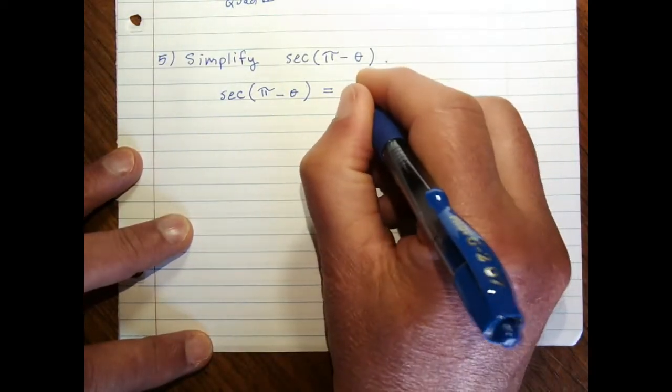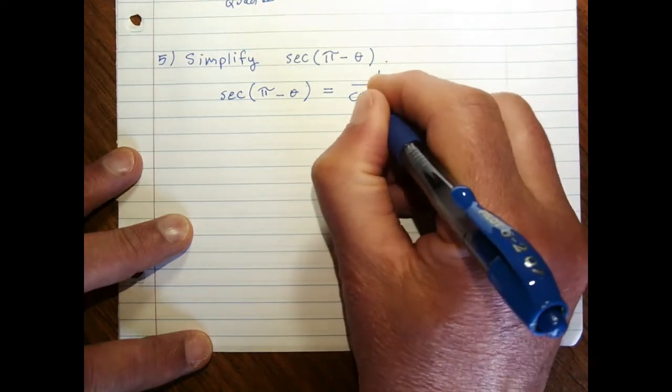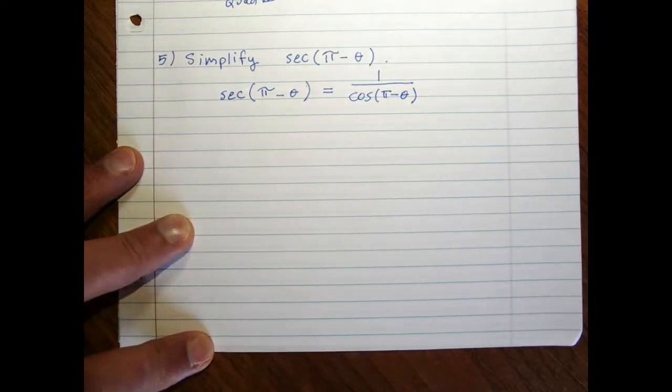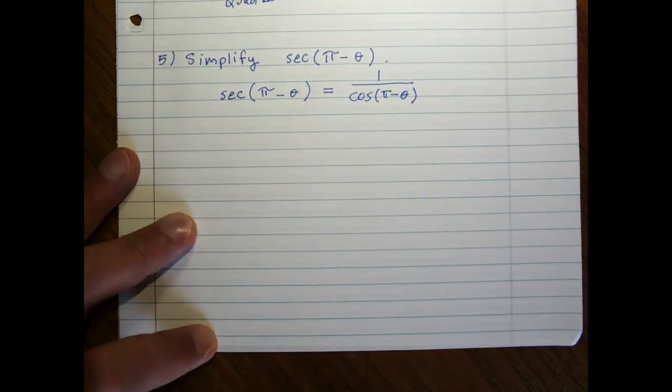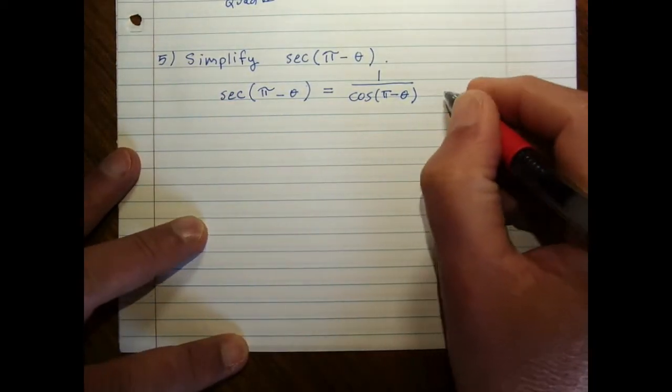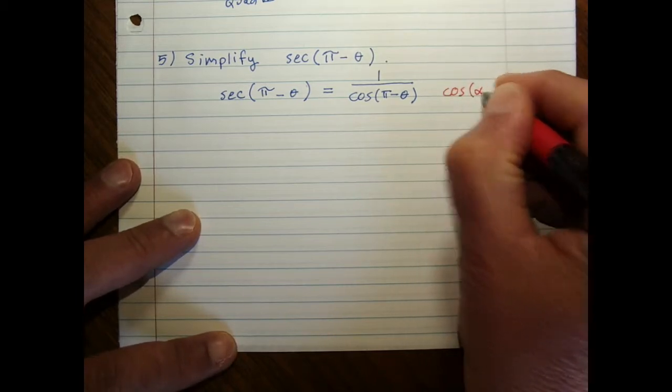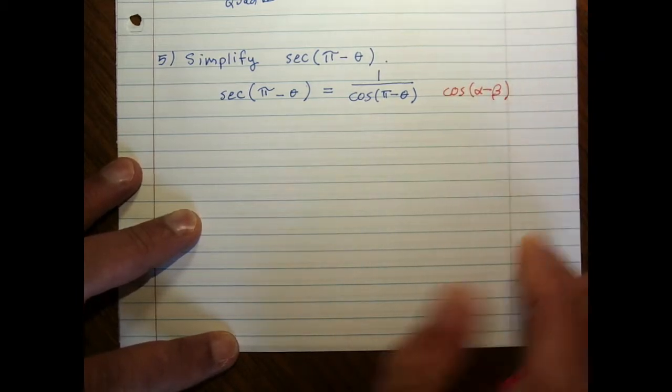This is equivalent to 1 over cosine of pi minus theta. And we want to write it that way because if we have cosine of pi minus theta involved, that makes me think of this cosine of alpha minus beta identity again.